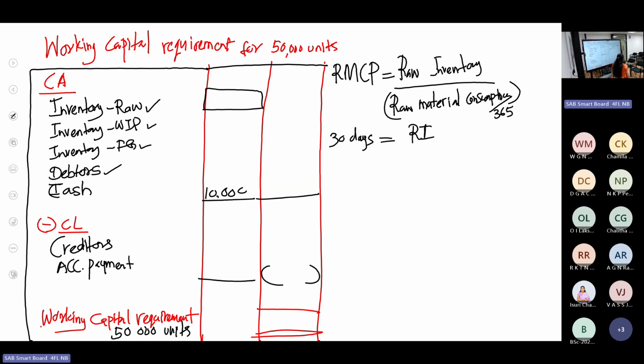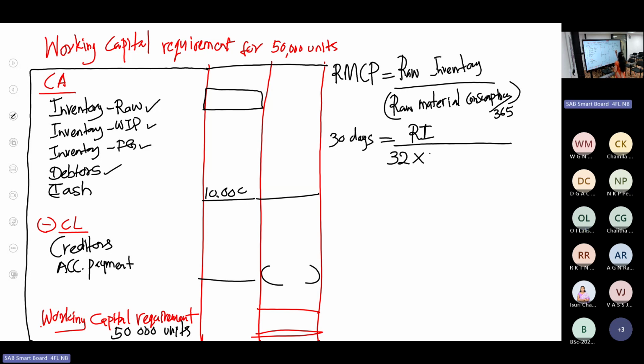Produce the 50,000 units. Raw material consumption we know. Why? Per unit requirement is how much? $32. How many units are we going to produce? 50,000 units.